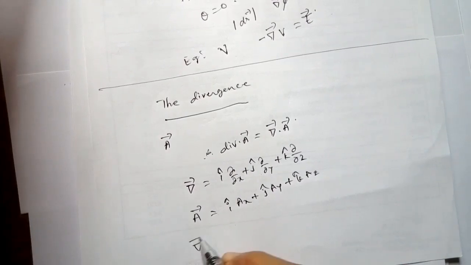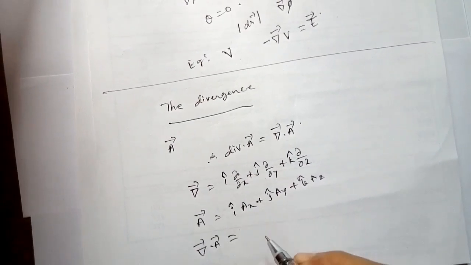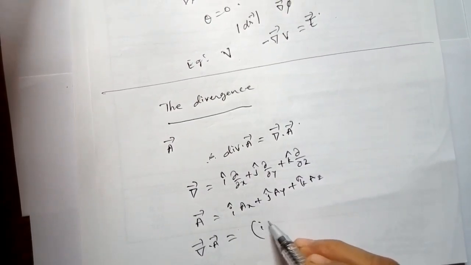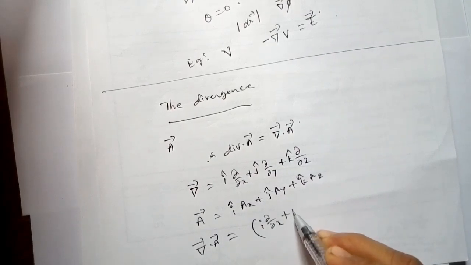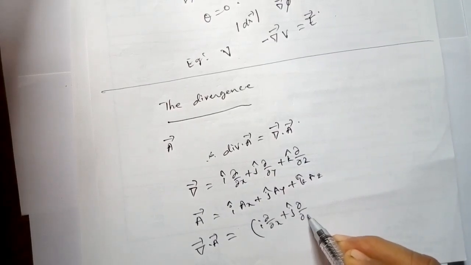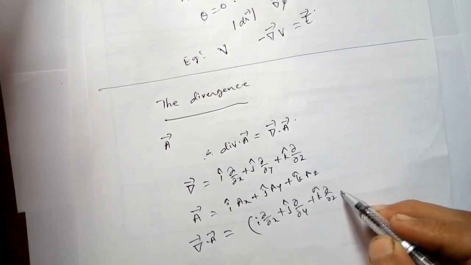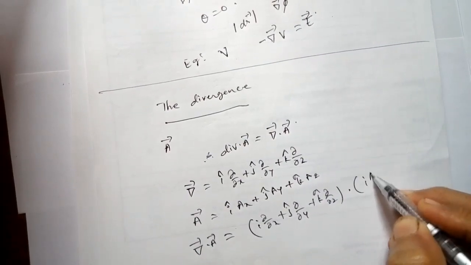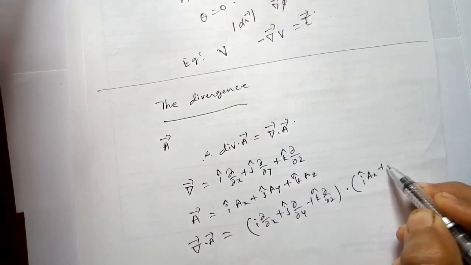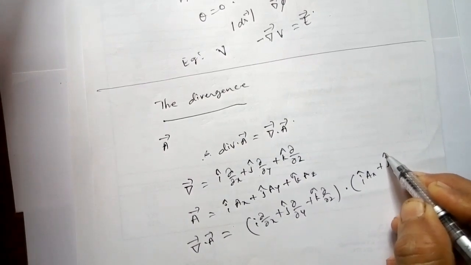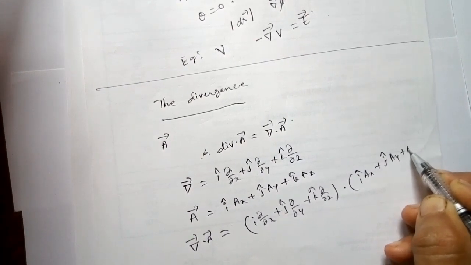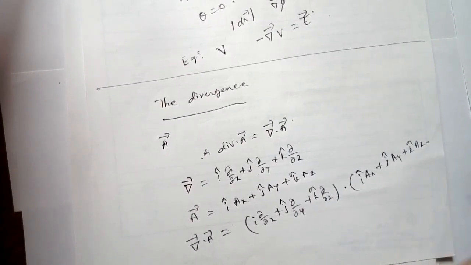Therefore, del dot A is equal to i cap dou by dou x plus j cap dou by dou y plus k cap dou by dou z, dot i cap Ax plus j cap Ay plus k cap Az.